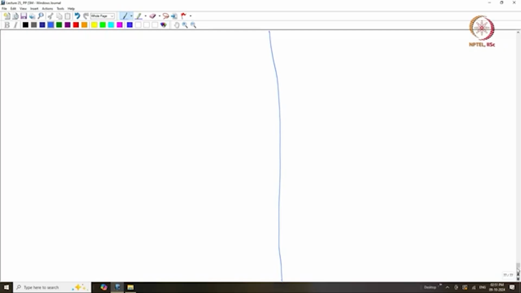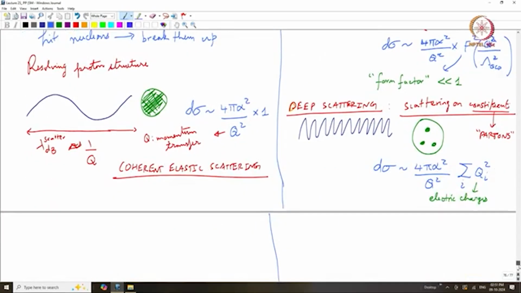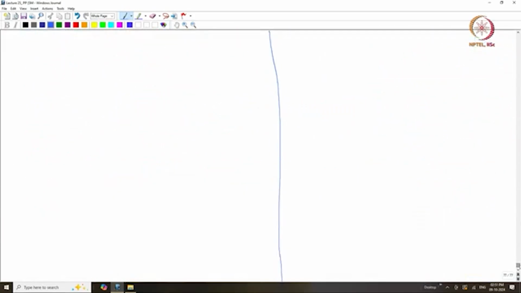Now let us draw a more serious diagram as opposed to a cartoon. I am going to draw a Feynman diagram, okay. This is not strictly speaking a Feynman diagram, but it is mostly a Feynman diagram, and it represents deep inelastic scattering really well, okay.